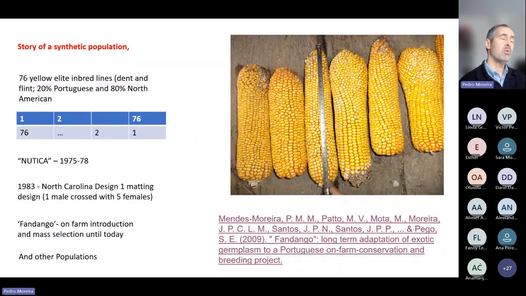So when the breeder started the participatory plant breeding program, he put some of these plants near the meeting point of the farmers, which was the cafe. And when they passed through there, they were really impressed.